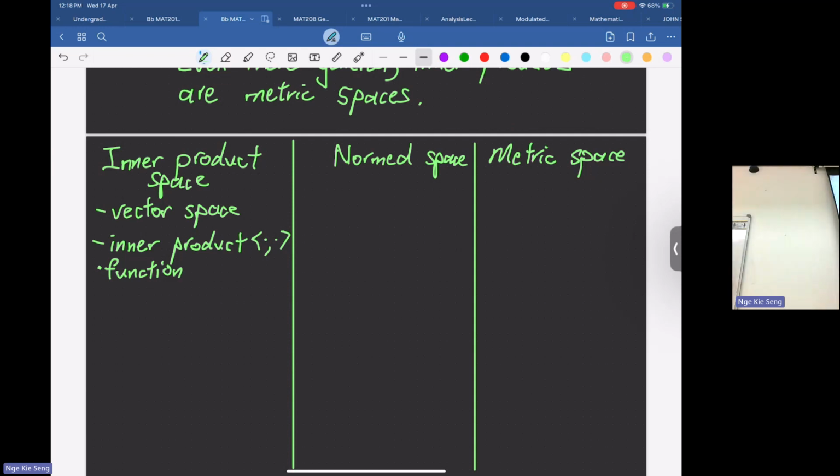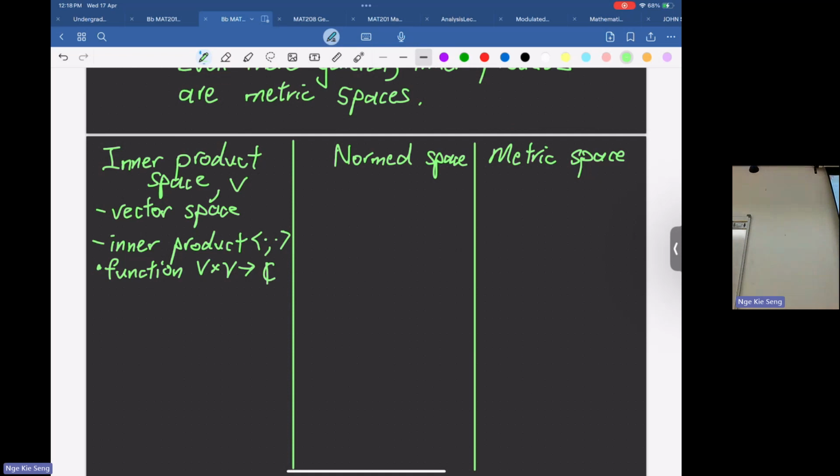Let's give this inner product space the name V. So it's a function from V cross V to R, and we can do it more generally and go to C as well.